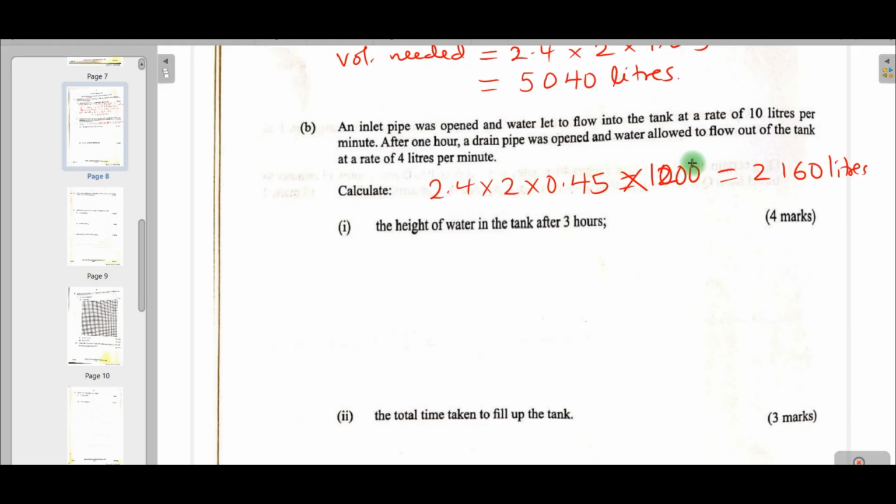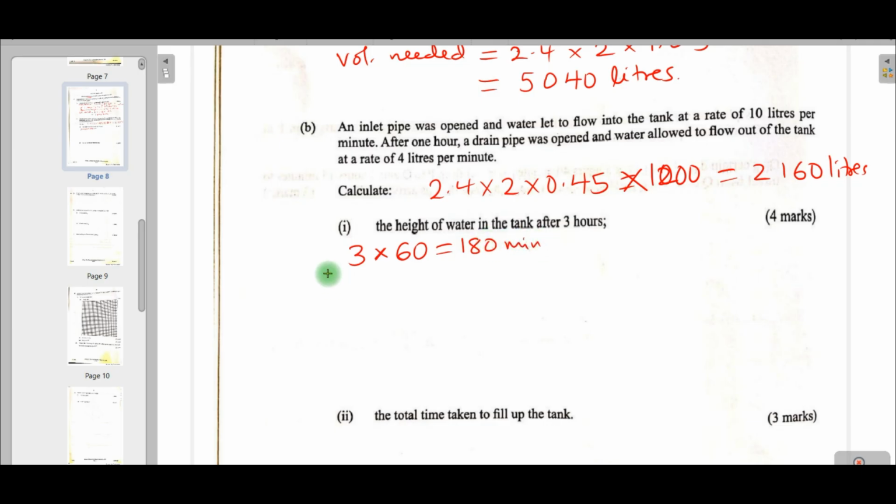Now, amount of water let in the tank after 3 hours. Since you have been given the rate, it is 3 hours times 60, since 1 hour is 60 minutes, so that is 180 minutes.